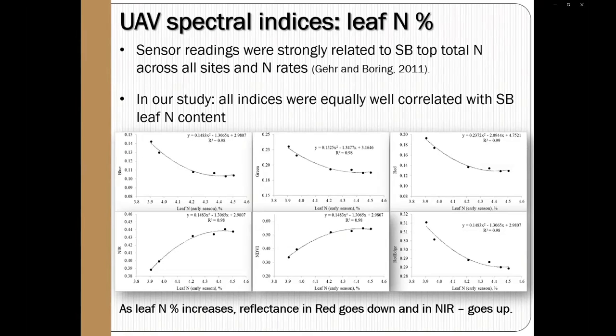We are showing here blue, green, red, near-infrared, NDVI, and red edge-based indices and their correlation with leaf nitrogen measured in June in this case, and similar data was collected in July as well, with similar results. What we're also seeing is that as leaf nitrogen content increases, the reflectance in the red region goes down and near-infrared goes up.